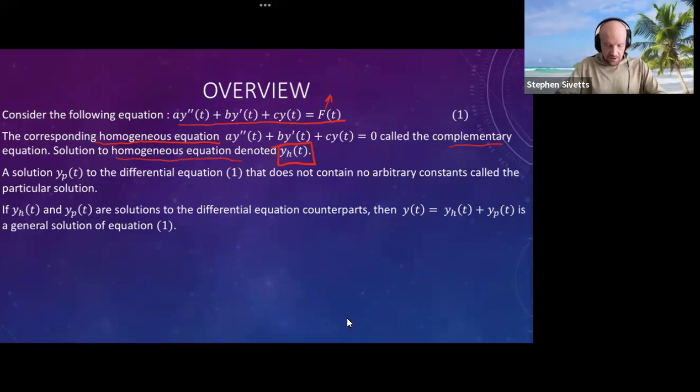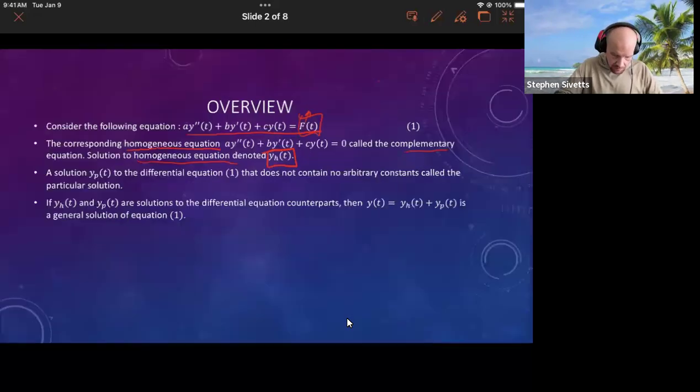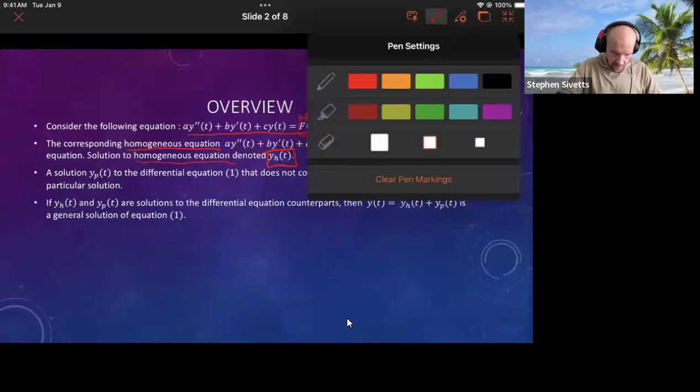So the challenge here is to incorporate this F of t somehow, right? And that will come about by formulating what's called a particular solution.